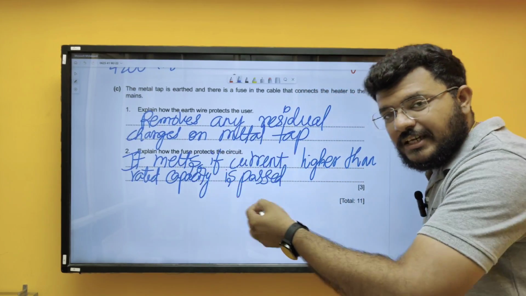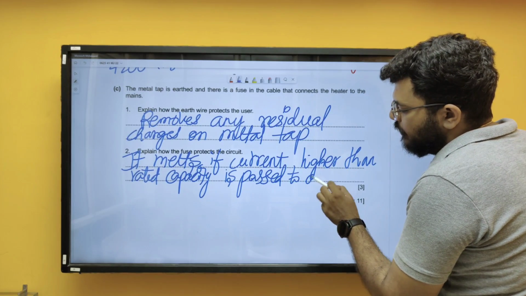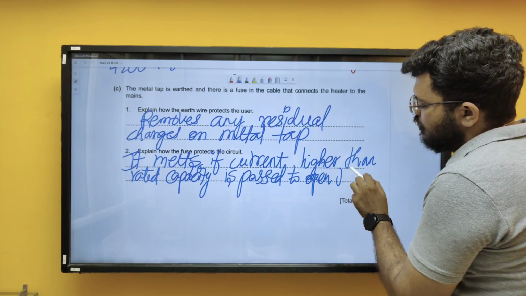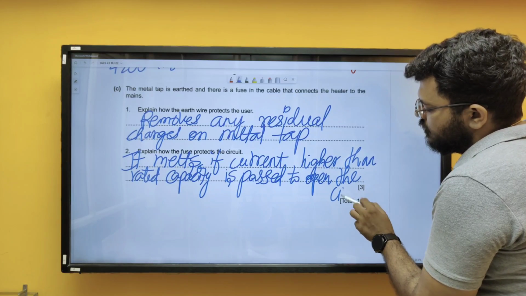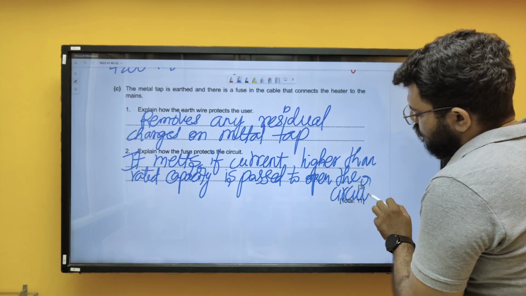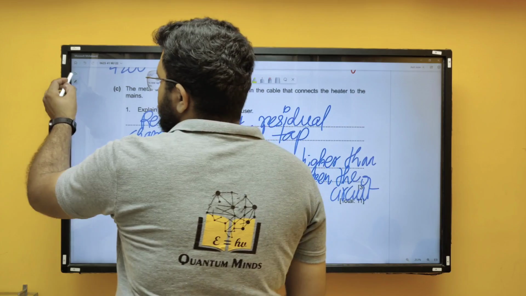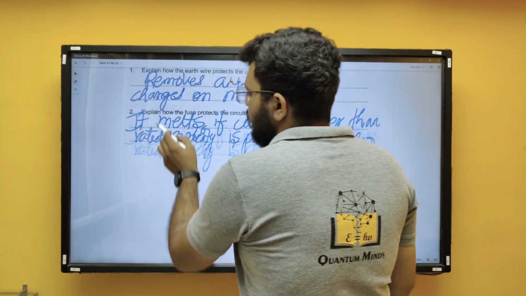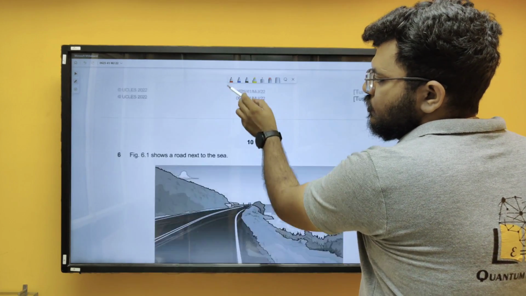What does it do? It melts and opens the circuit, right? Next, let's see what do we have. Okay, I think this question is over.